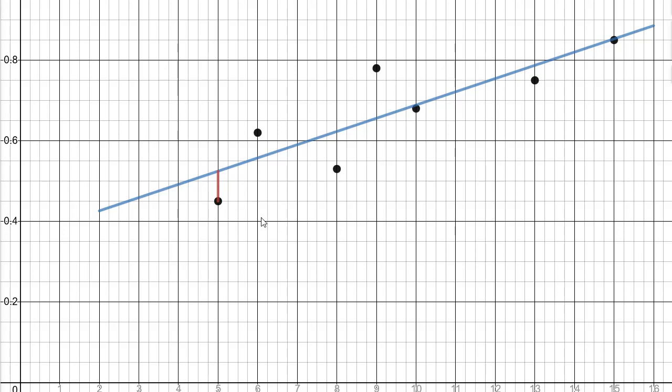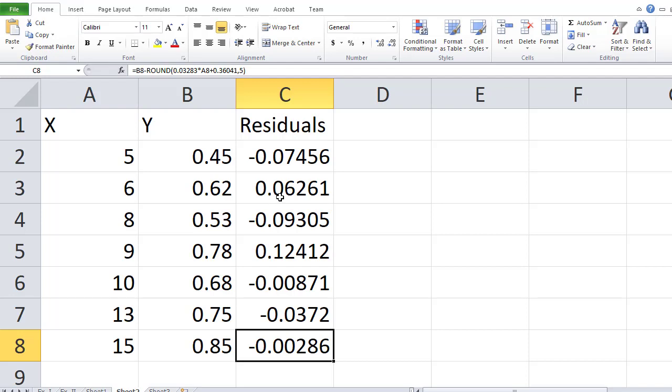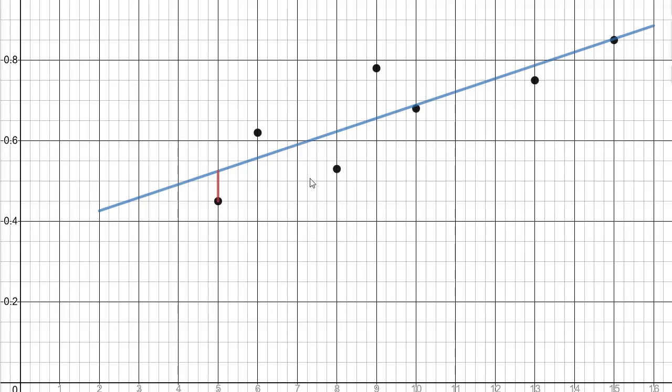Likewise, y hat 2 that we calculated had value 0.55739, and the residual there was a positive 0.06261. It's a positive residual, and so that means our distance here was a positive distance, and here it goes.